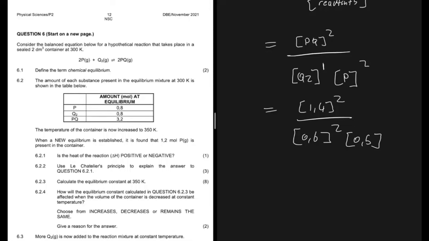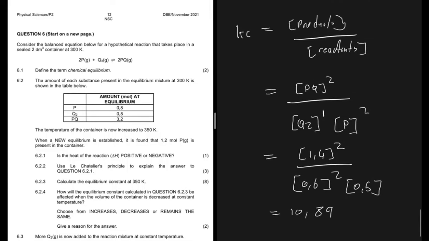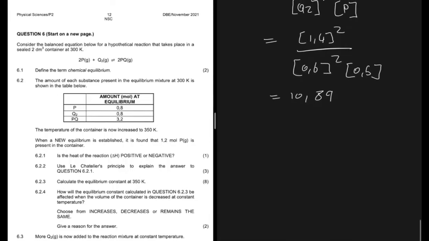So we have 1.4 squared divided by 0.6 squared multiplied by 0.5, which equals 10.89. And then we don't have any units for Kc. Another thing to be aware of is that when we are writing this formula for Kc, we only regard reactants or products that are in gaseous or aqueous form. We don't consider solids. Okay, so that is that for that question.